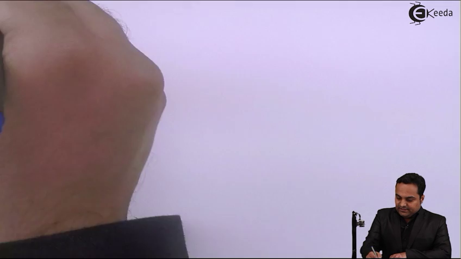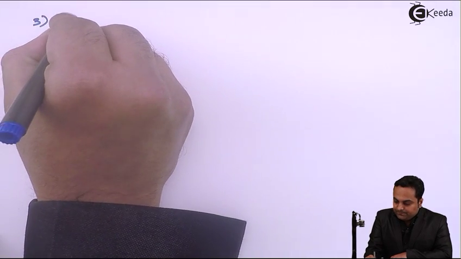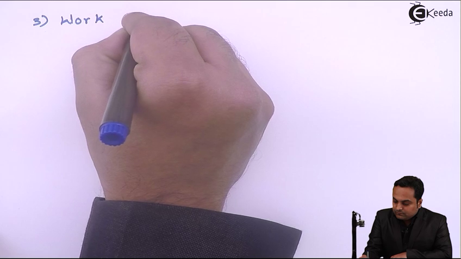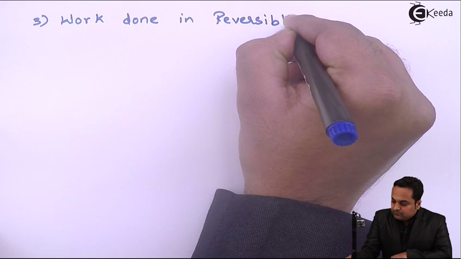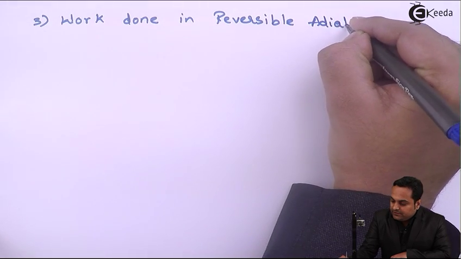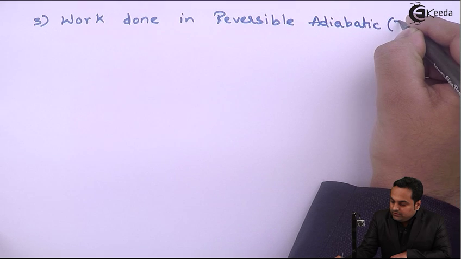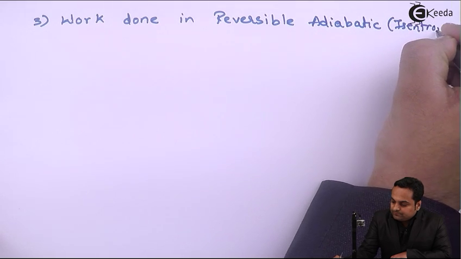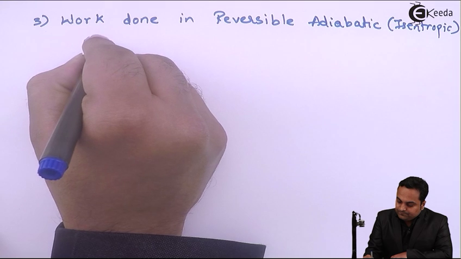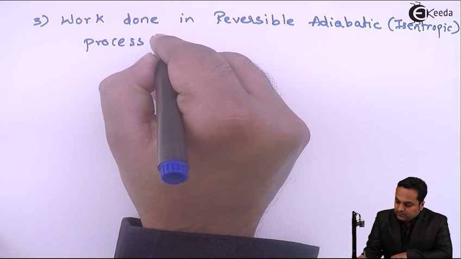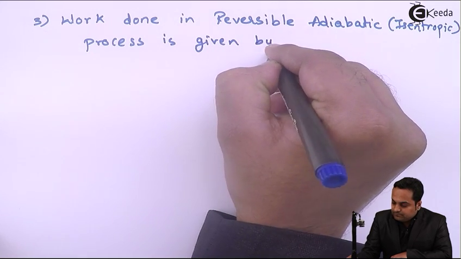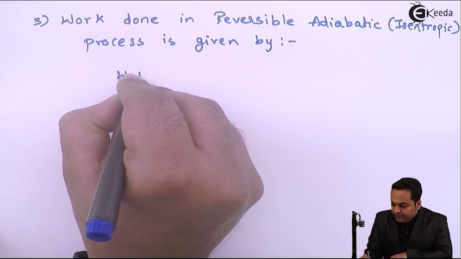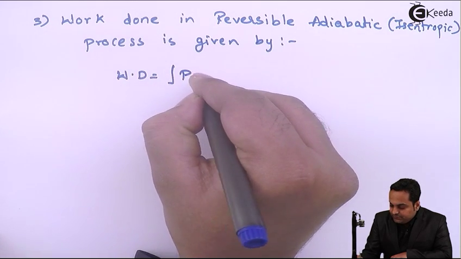Now after reaching at this stage, I'll say that work done in reversible adiabatic, also called as isentropic process, is given by, now the relation of work done, we know that it is given by integral P into dV.